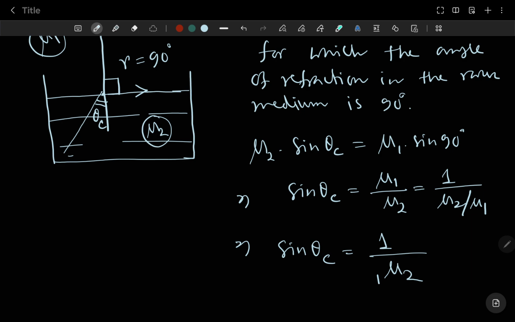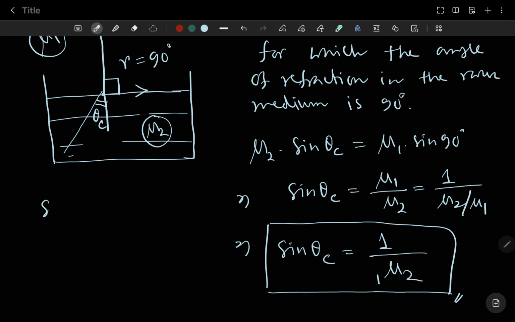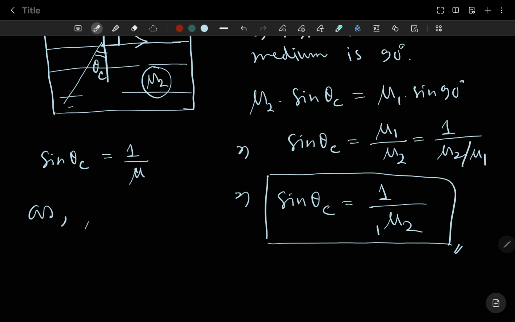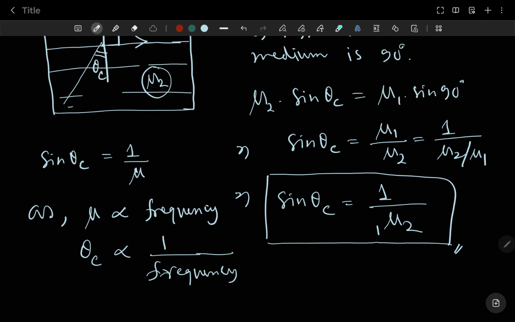Okay. So from this expression we can deduce two things, as sine theta c is equal to 1 by mu. As mu is proportional to frequency of light, okay, clear? Then theta c will be inversely proportional to frequency, because theta c is inversely proportional to mu.